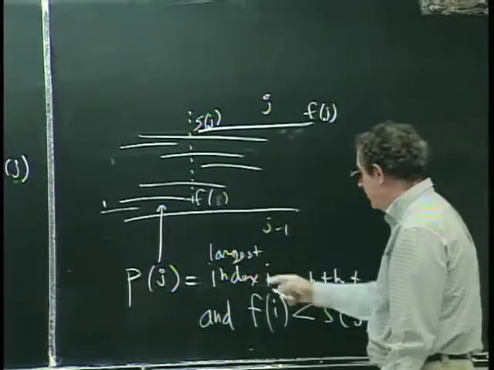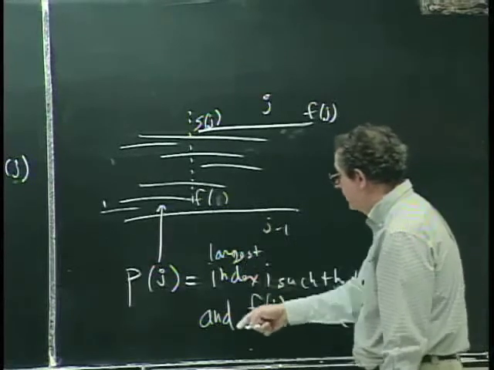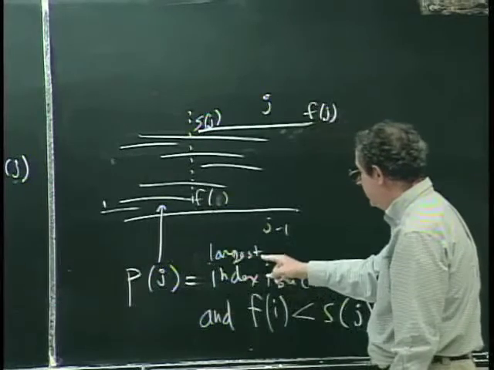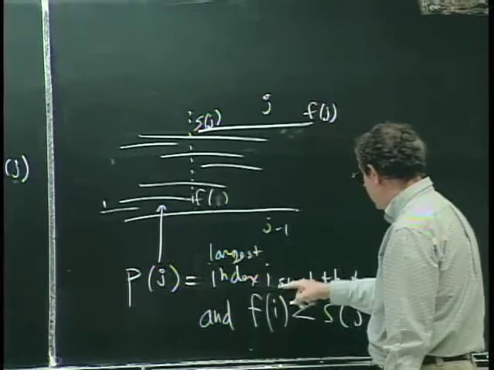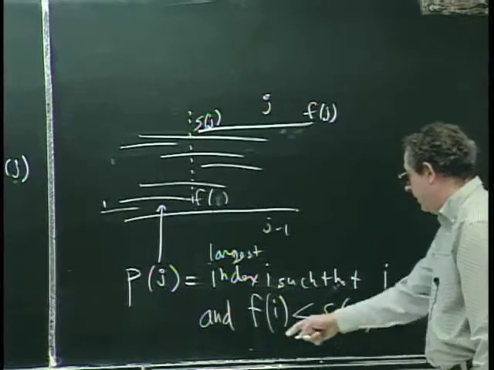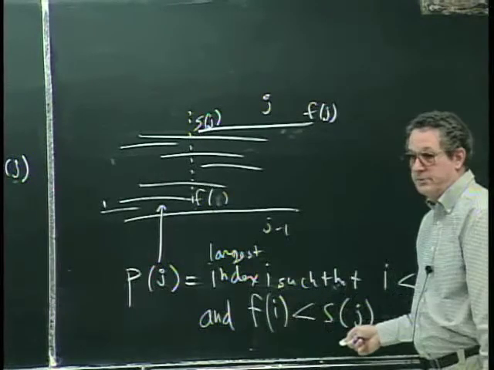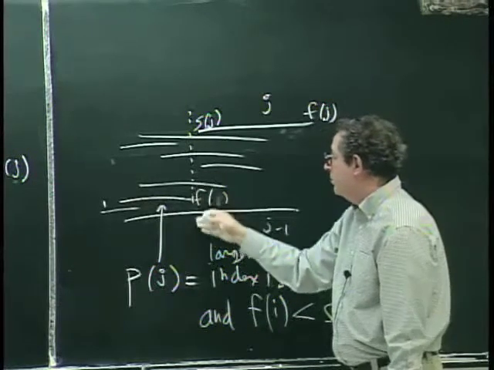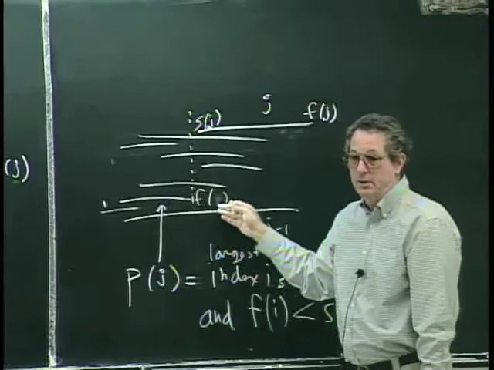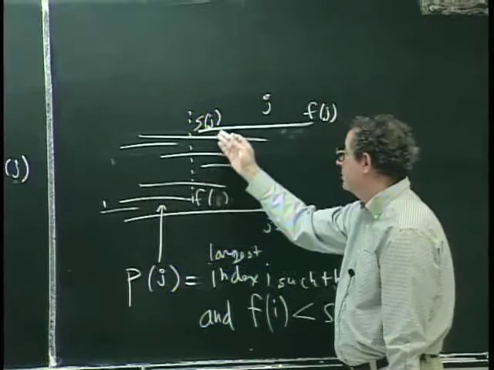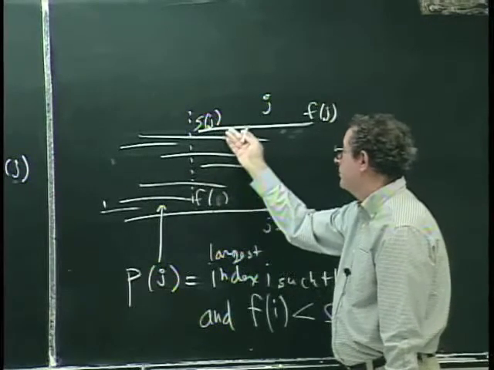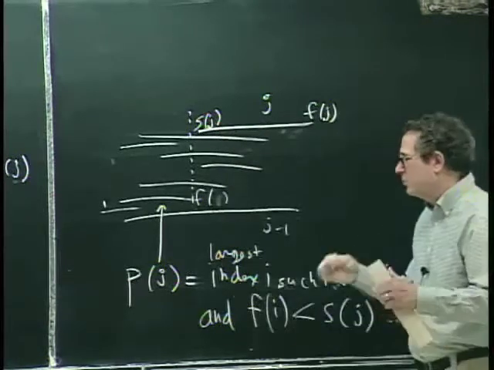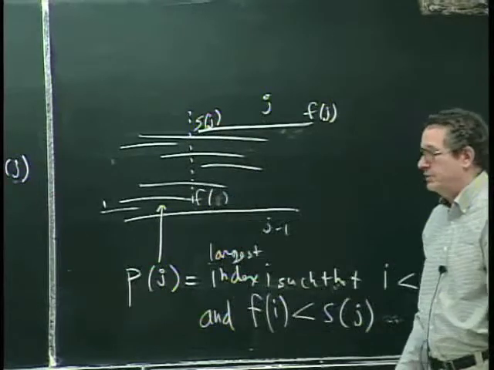Okay, so this is language for the previous: p of j is the largest index i such that i is less than j and the finish time of i is less than the start time of j. It just means that's the interval whose ending point is as far right as possible among all of the intervals that finish before j starts and don't overlap it. Okay, so a lot of words for the same thing I put up here in terms of a picture.